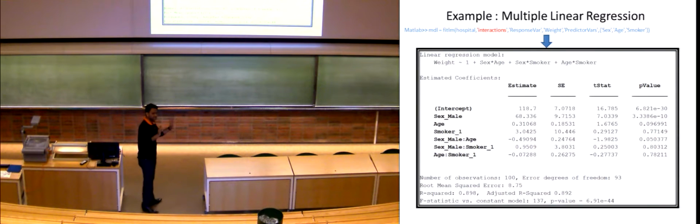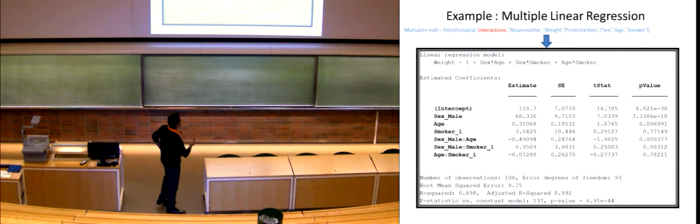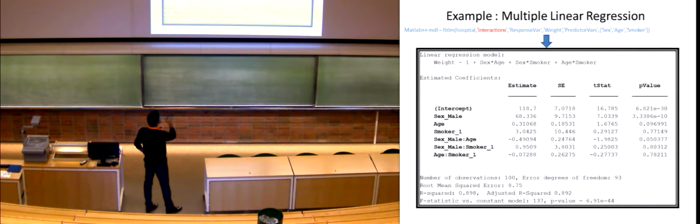If you relax the level of significance a little bit, not 0.05, then you might see a significant relationship between the gender and the age to the weight.